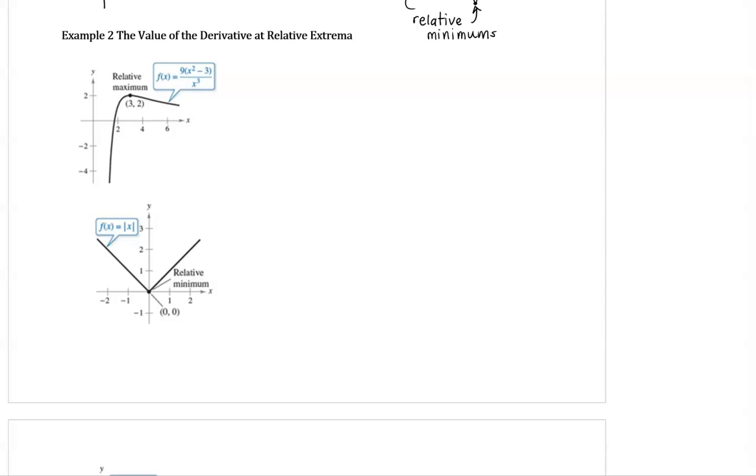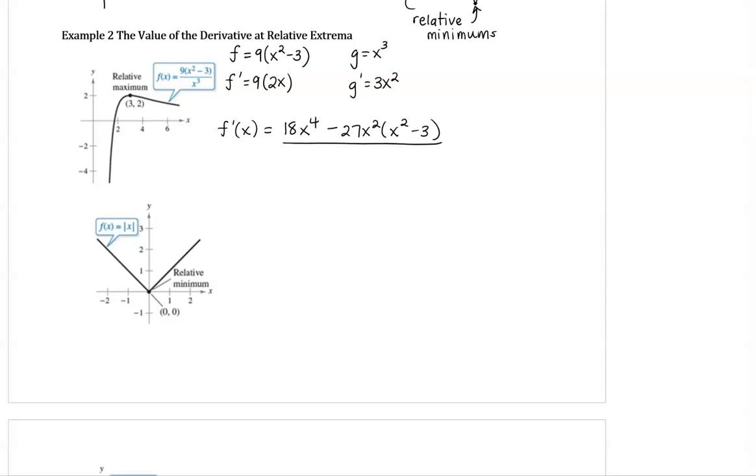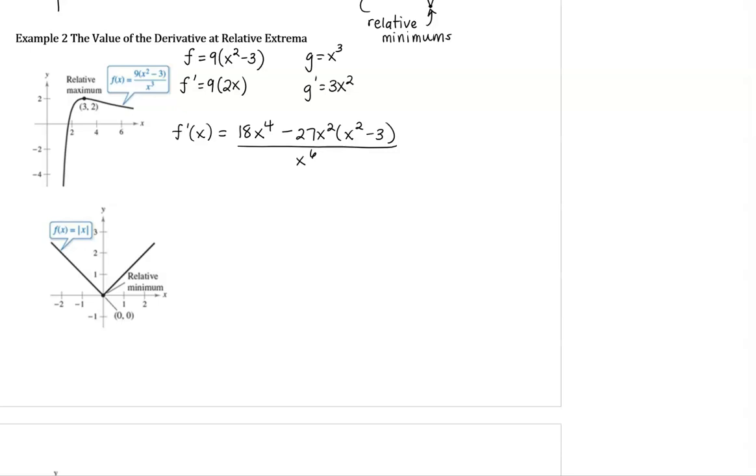To find f prime, we are going to need to use the quotient rule. So I've identified f and g. I'll go ahead and find f prime and g prime. Now I can use these to find f prime of x, which is f prime multiplied by g, subtract g prime multiplied by f, all divided by g squared. Now that we have f prime, let's see what its value is at our relative extrema when x is equal to 3.